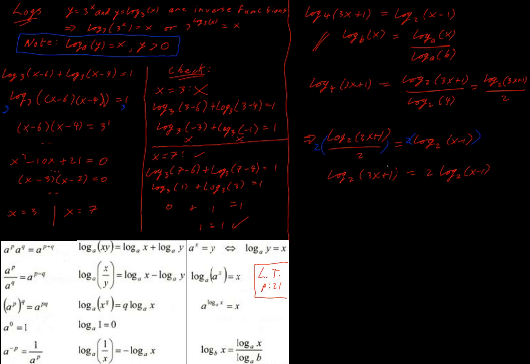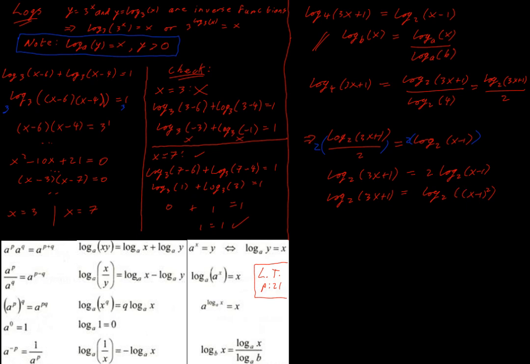And then I have a number multiplied by a log, which means that it is a power on what is inside the log, what's inside the bracket. So I have log to the base 2 of 3x plus 1 is equal to log to the base 2 of x minus 1, squared.